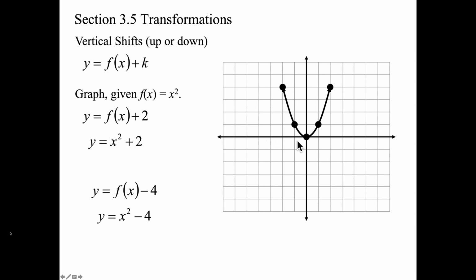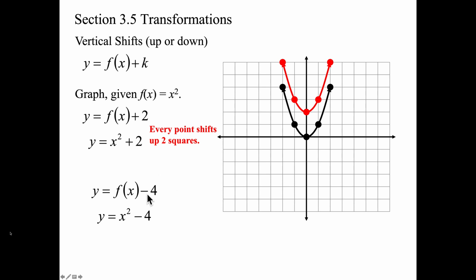So I'm going to find the 5 points of my graph. Right there at the origin, 1, 1, negative 1, 1, negative 2, 4, 2, 4. And this graph, like I said, every one of those points are going to go up 2 squares, and there's your new parabola.